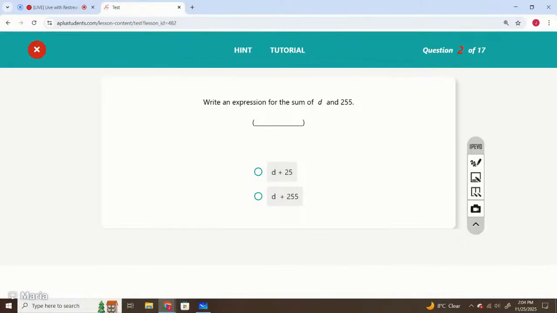Write an expression for the sum of d and 255. That is d plus 255. Option number 2 is the correct option.